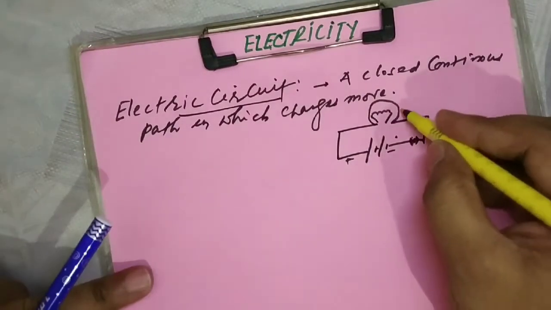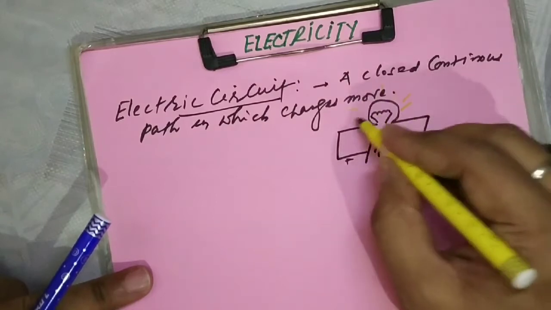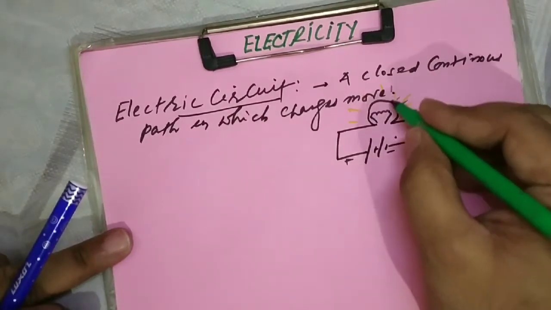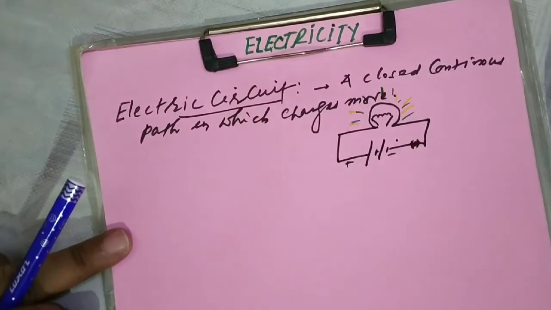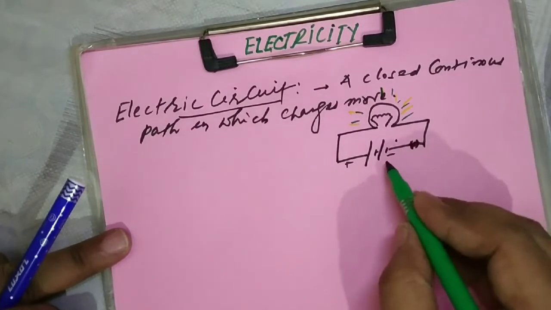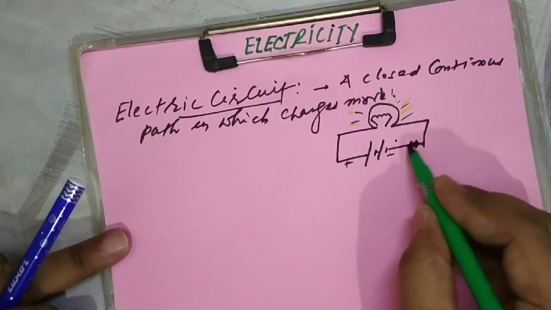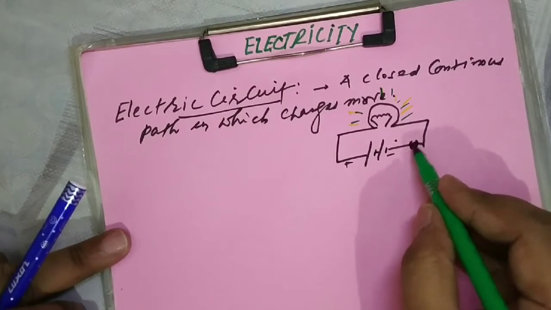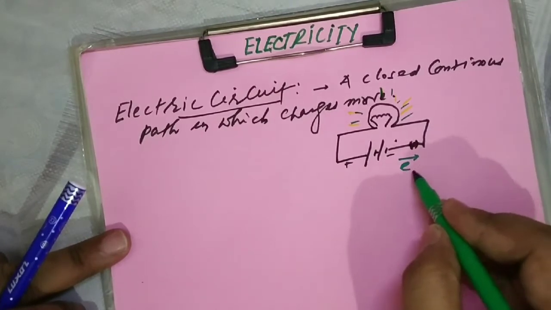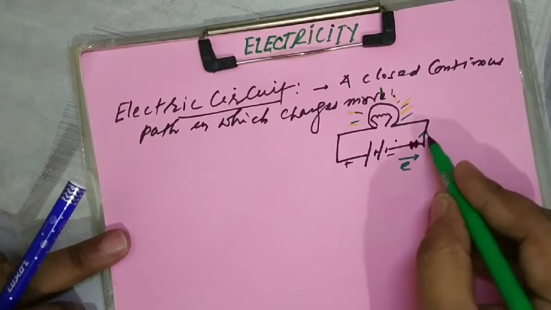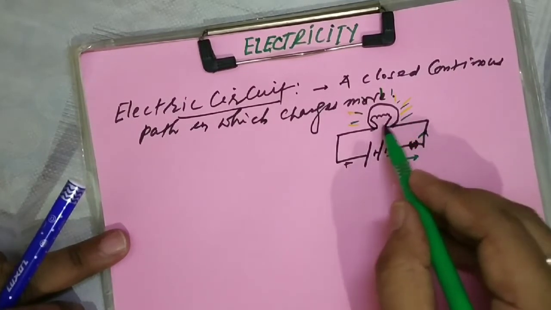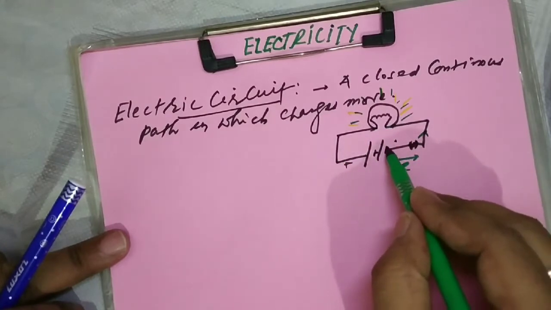The light starts glowing, because when you switch on the circuit, the charge starts moving, passes through this lamp and the lamp starts to glow. So it is a closed continuous path.